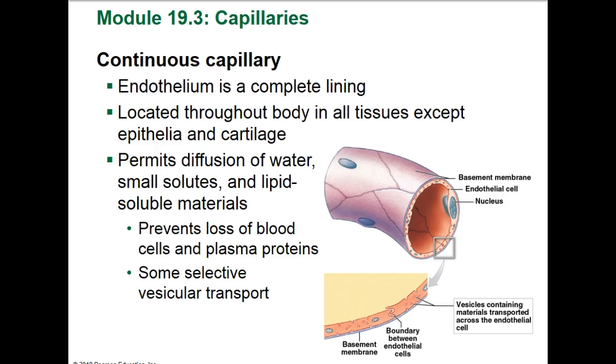If you remember from 168, skin. Okay. It permits diffusion of water, small solutes, and lipid-soluble materials. It prevents loss of blood cells and plasma proteins. And it does have some selective vesicular transport, however.